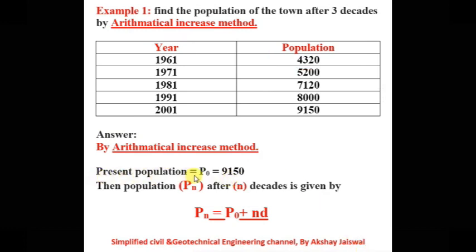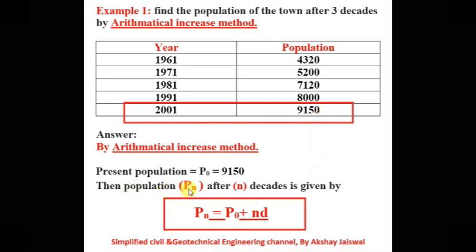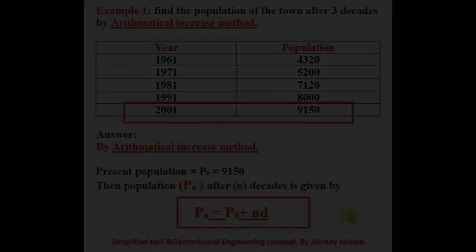Present population is P0 = 9150, which is the last known population in year 2001 in this table. Then population Pn after n decades is given by the formula Pn = P0 + n × d.